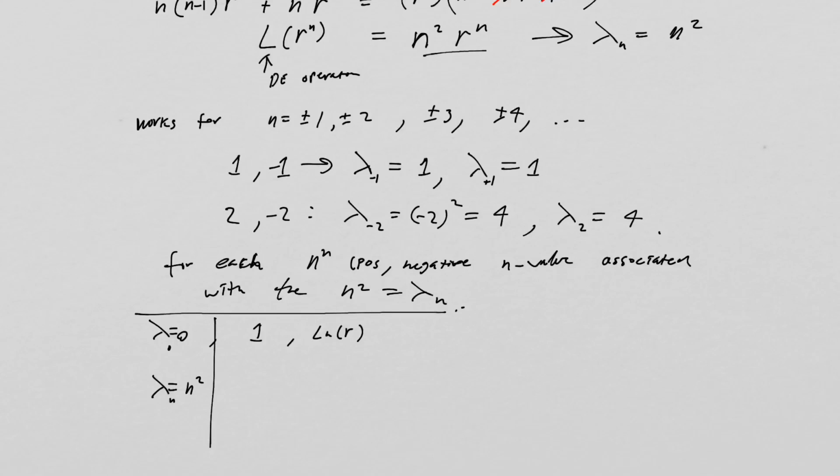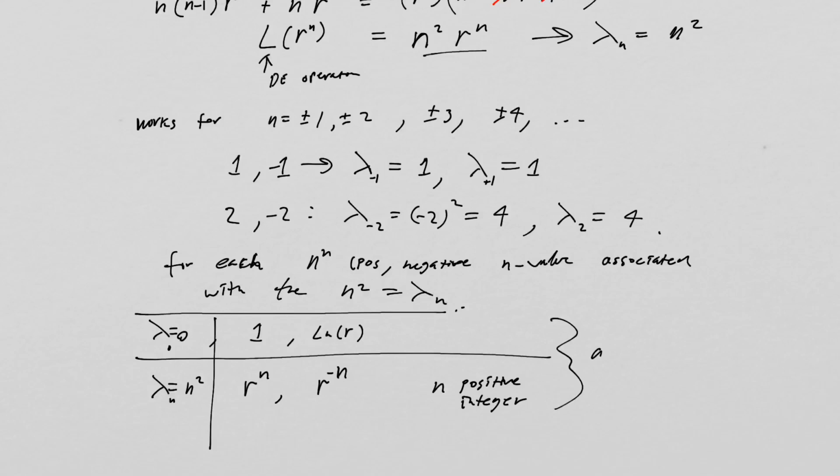We can put this in a table. And then for lambda equals n squared, we have r to the n, and then we have r to the negative n there. And this is for n positive. So that's another way to express this now, okay?